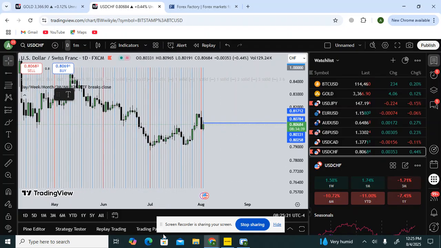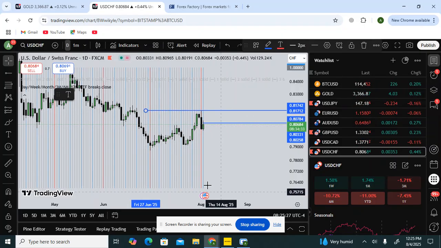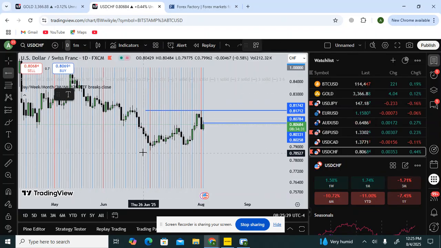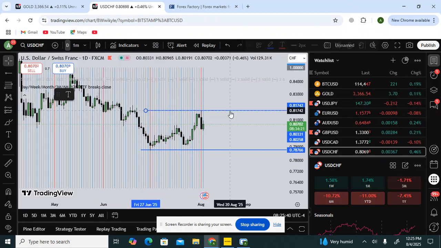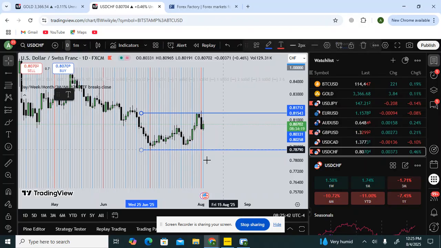As you can see, guys, this was the high and the low of the previous month of July. This is the high and this is the low of the previous month of July.